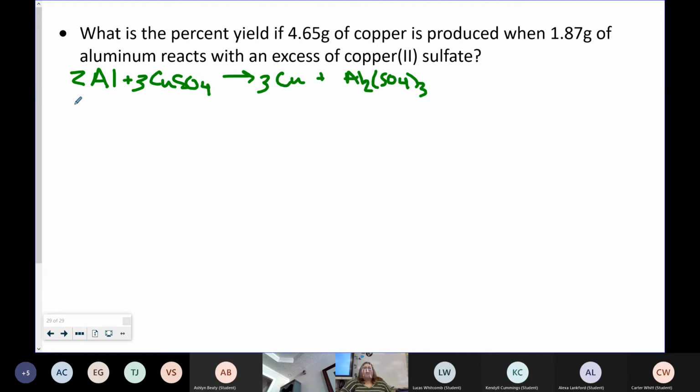So here's our reaction: we have 2 aluminum plus 3 copper(II) sulfate produces 3 copper and the aluminum sulfate.